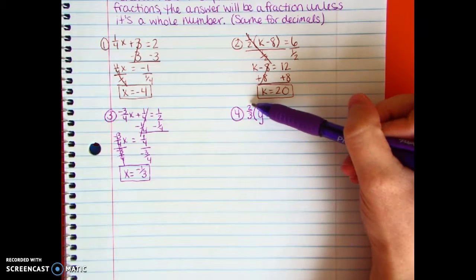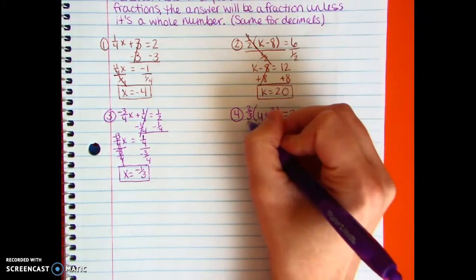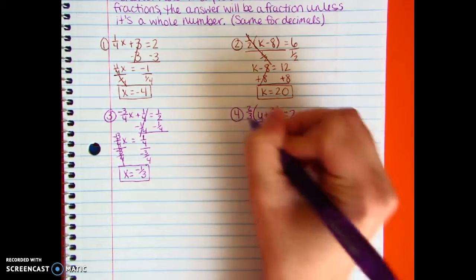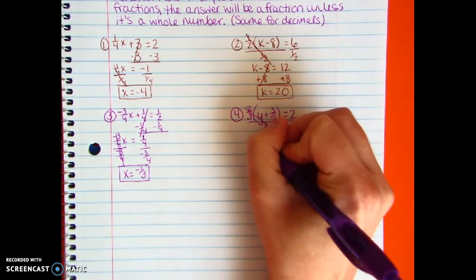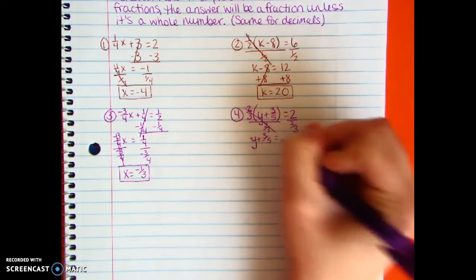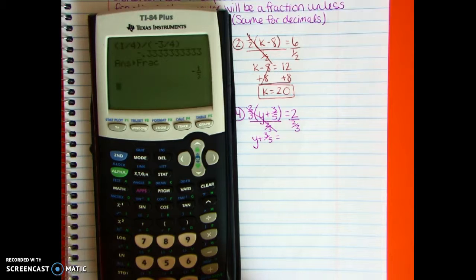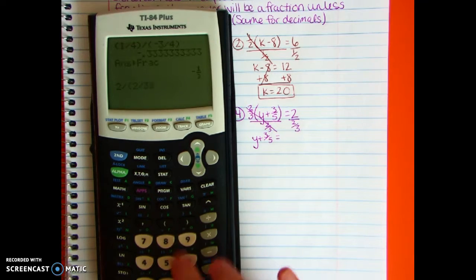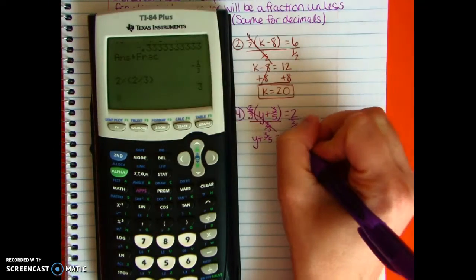You can do 2/3 times that, 2/3 times that. I am just going to divide both sides by 2/3. So those cancel each other out. I'm left with y plus 3/5 equals 2 divided by, and then inside parentheses put 2 divided by 3. And that's 3.